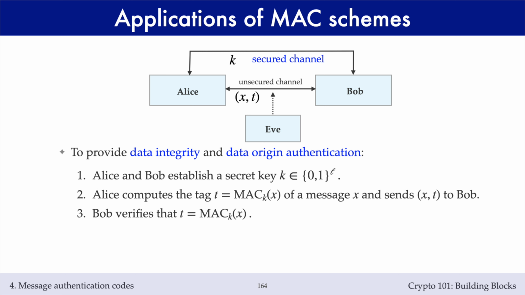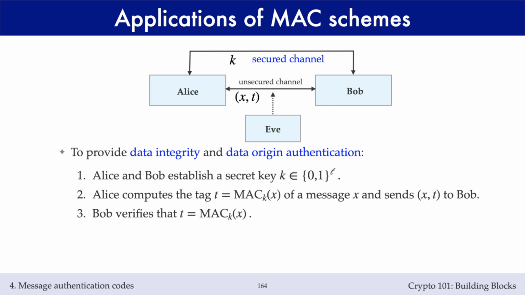When Bob receives the message and the tag, he recomputes the tag using his copy of the secret key and compares it to the tag he received from Alice. If the tags are the same, then he accepts the message as having originated from Alice. Otherwise, he rejects the message.